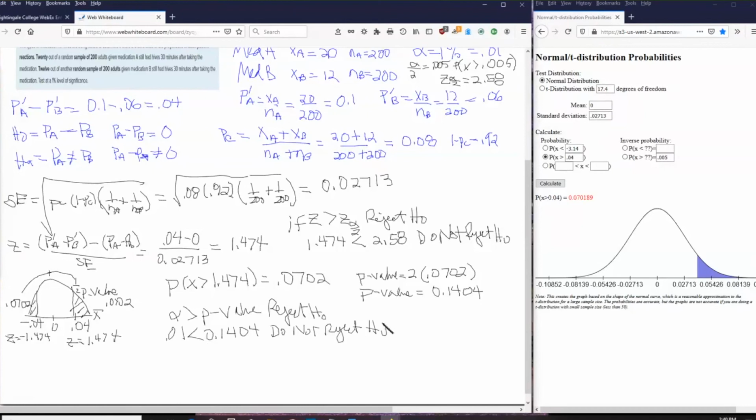So what that tells us is at the 1% significance level from sample data, there is insufficient evidence to conclude that there is a difference in proportions of adult patients who didn't react after 30 minutes to medication A and medication B.